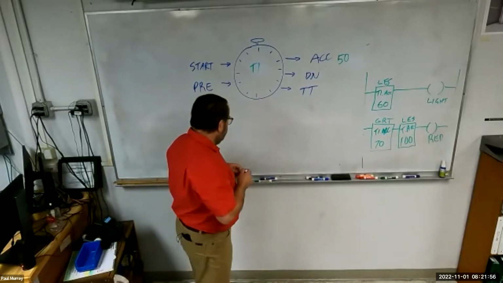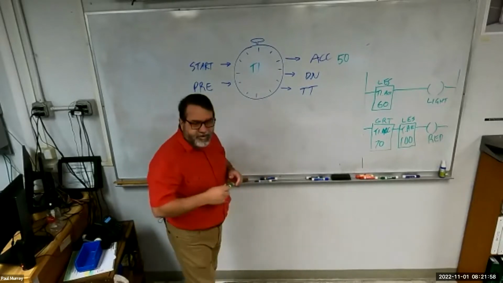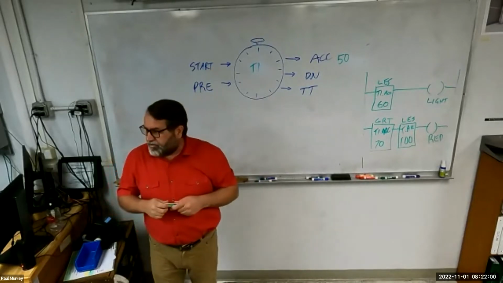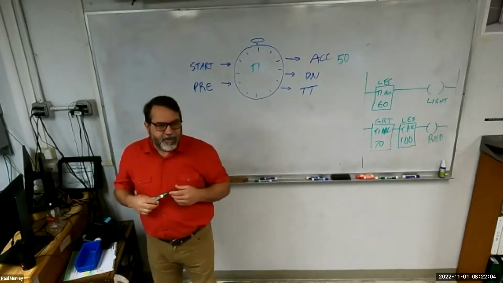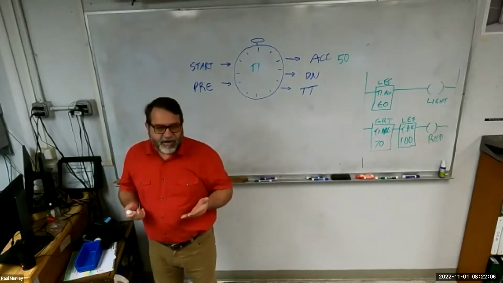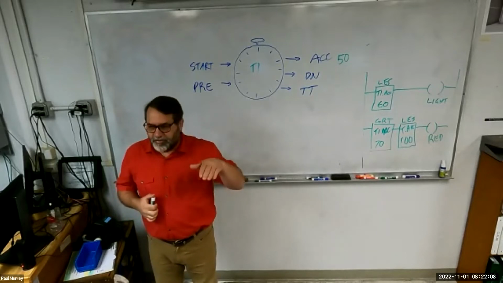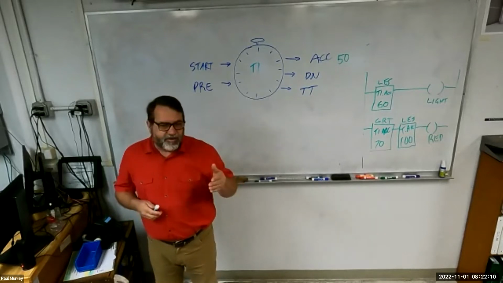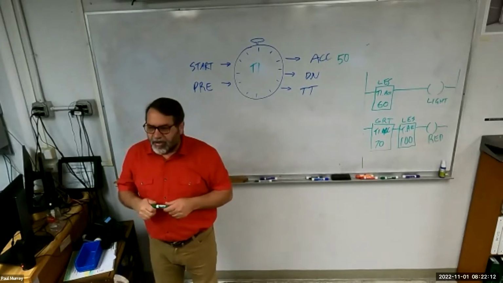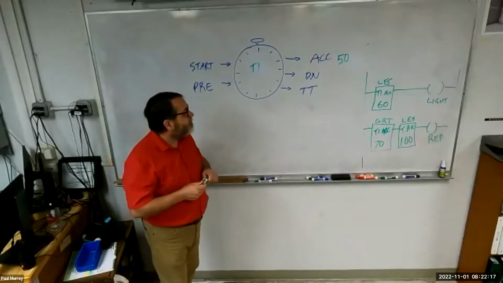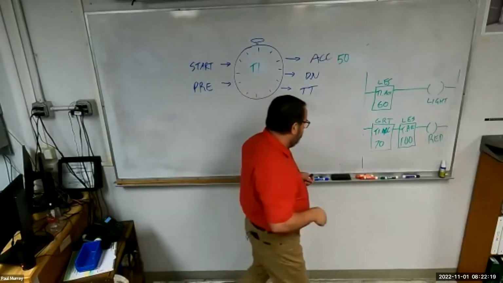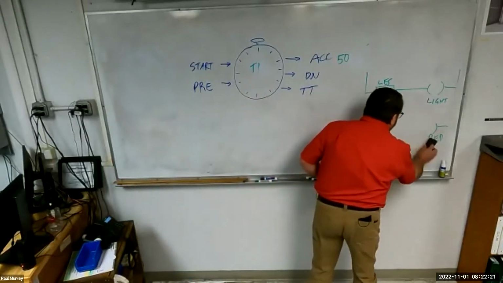There's another kind of timer that we haven't really used much yet, which is a retentive timer. A retentive timer just keeps its value. So when you stop, it stops at whatever number it's at. Then when you start it, it keeps going up. So you could use a retentive timer on a water pump.